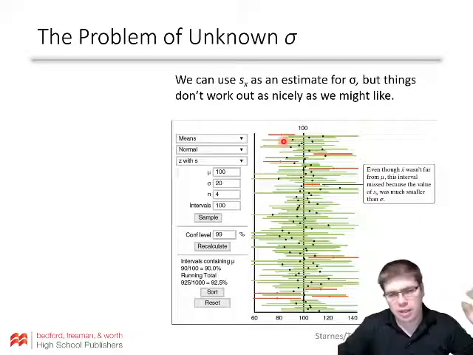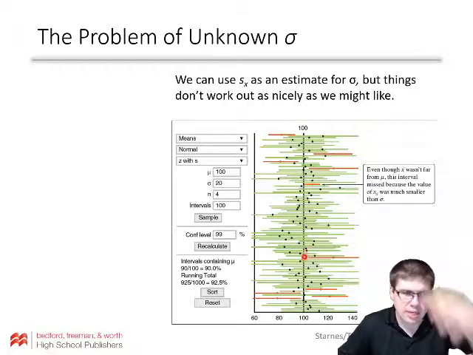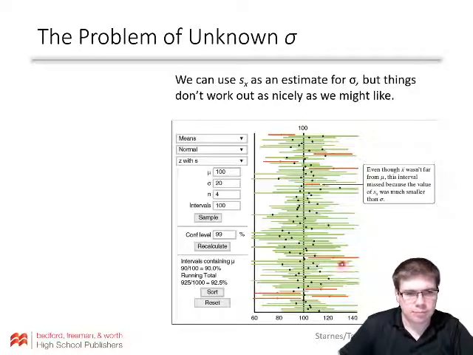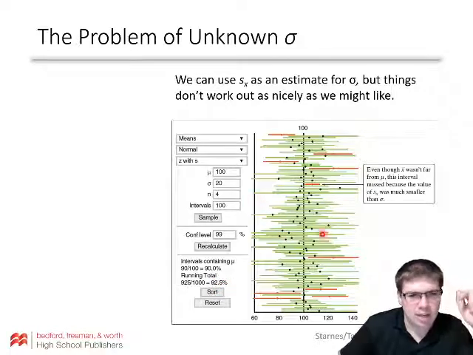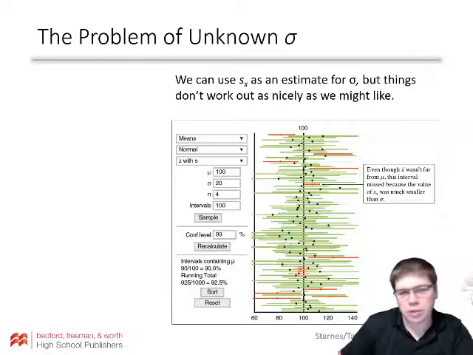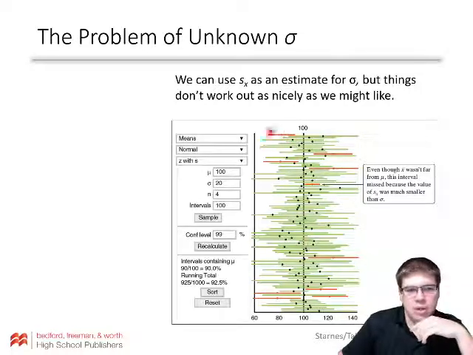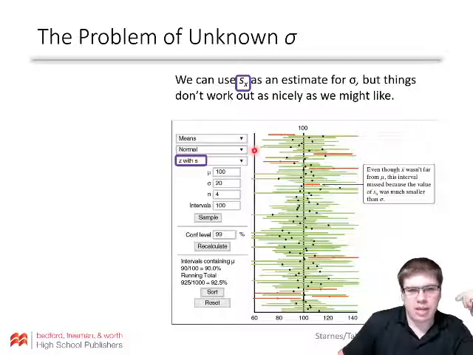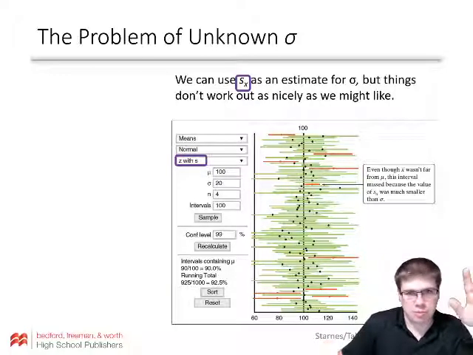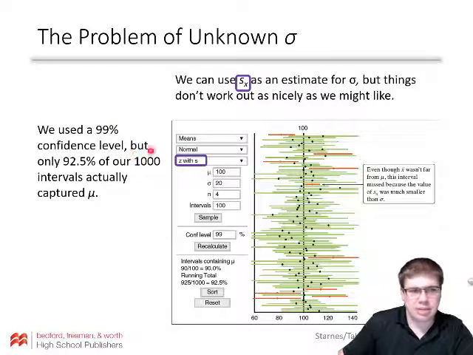Each sample has a different width, and even though we're looking for a confidence level of, actually I'm mistaken, this one was a 99% confidence level, they're only having a 92.5% success rate.